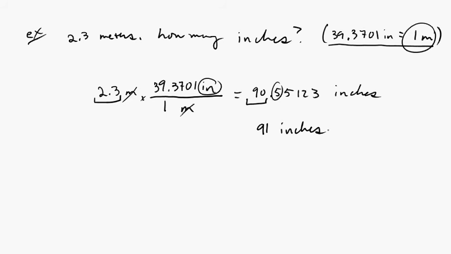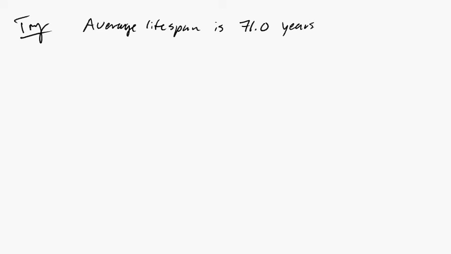So I have a try problem for you now. I want you to try this, pause the video, and see if you can get the answer just by doing this conversion with fractions. So the question is, the average lifespan is 71.0 years. That is true from Google.